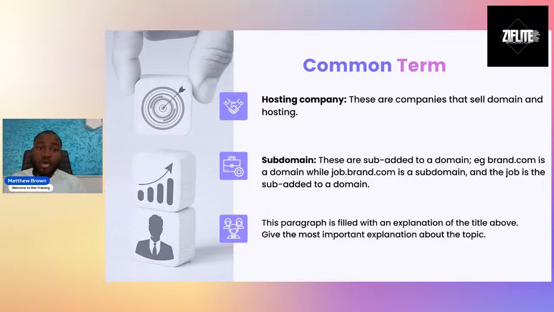That job is what we call a sub, then we have your domain, brand.com. So the sub is job. You will probably get to see these things if you're visiting websites, something like digital.ai.com. So that digital is a subdomain, and it's something you come across. So basically, these are some features or terms you need to know as a website designer, and it's something you should take seriously.